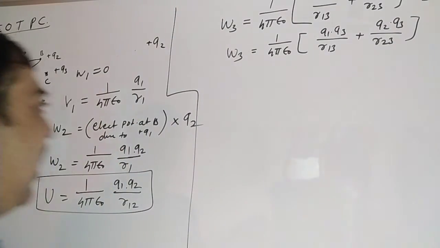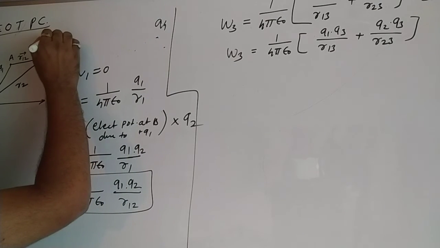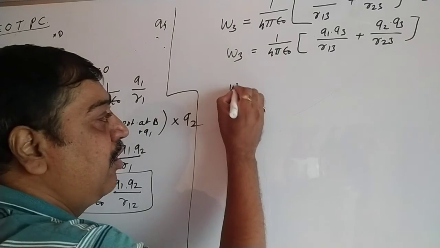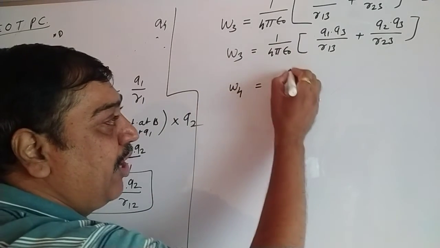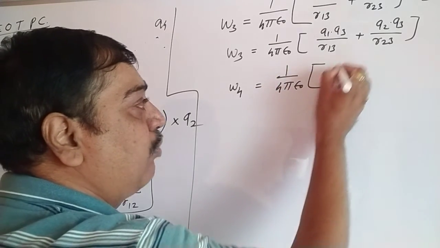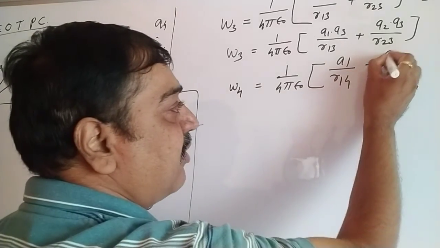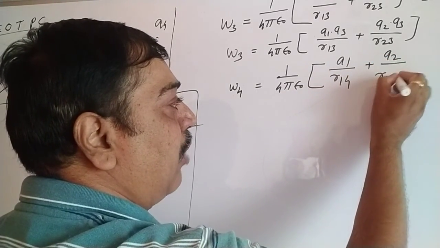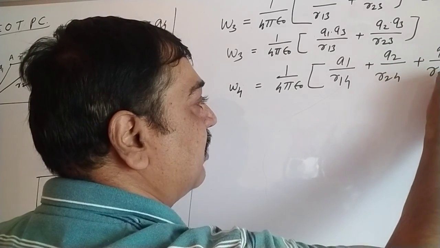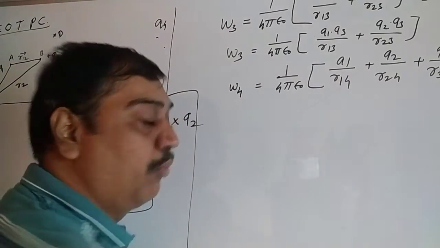Similarly, if we have another charge Q4 at infinity that we move to point D in the presence of 3 charges, then the work done W4 is equal to 1 divided by 4 pi epsilon 0 times Q1 divided by R14 plus Q2 divided by R24 plus Q3 divided by R34. Outside the bracket, the charge moved is Q4.